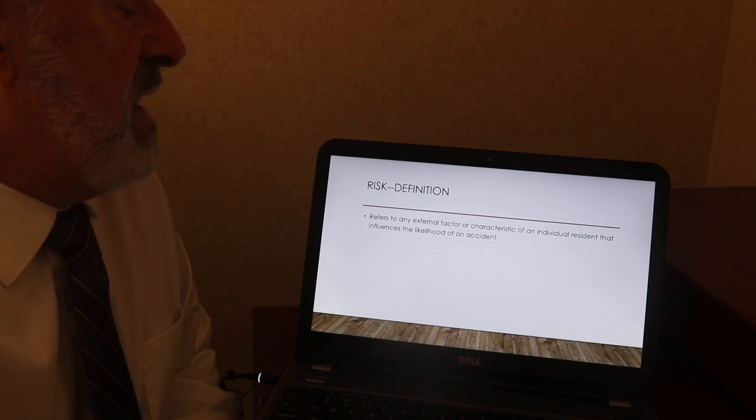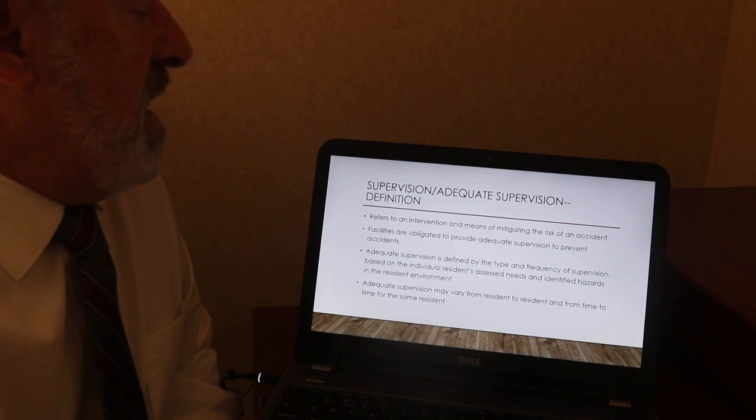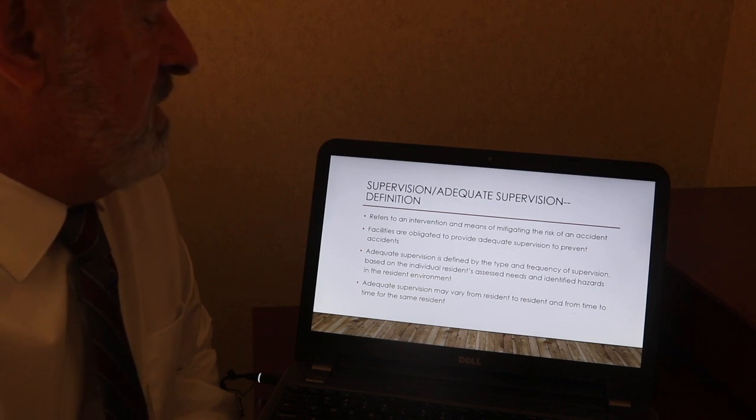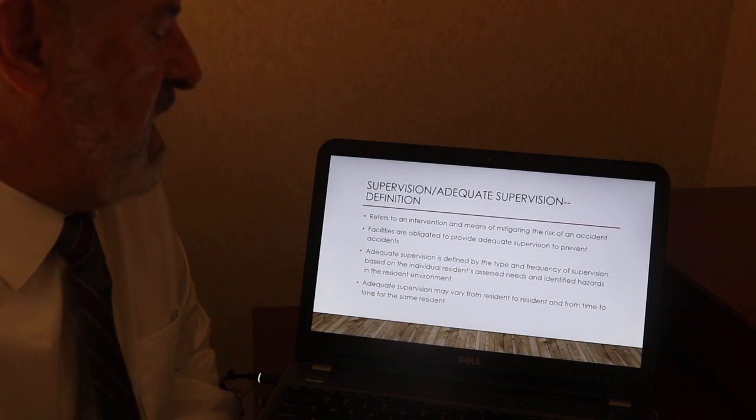Risk refers to any external force, factor, or characteristic of an individual resident that influences the likelihood that they could have an accident. Adequate supervision is defined as intervention and means of mitigating the risk of an accident. The facility is obligated to provide adequate supervision to prevent accidents.